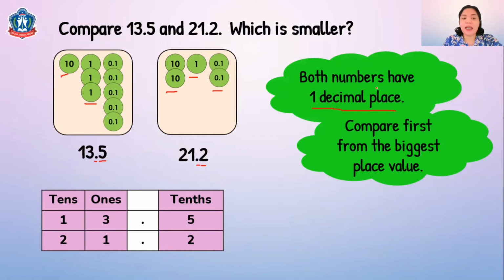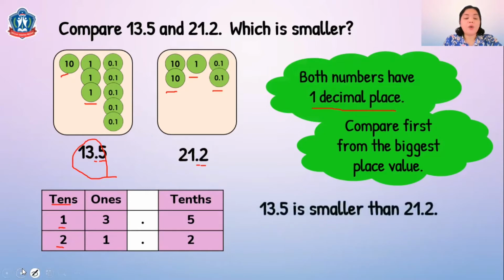We will start from the left, and that is the tens. So which one is smaller, 1 or 2? Of course, 1. Therefore, 13.5 is smaller than 21.2. We write it like this. 13.5 is smaller than or less than 21.2.